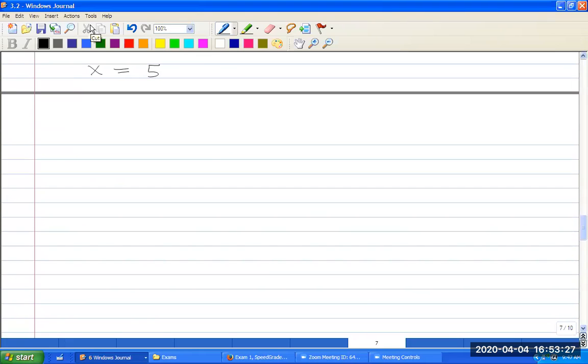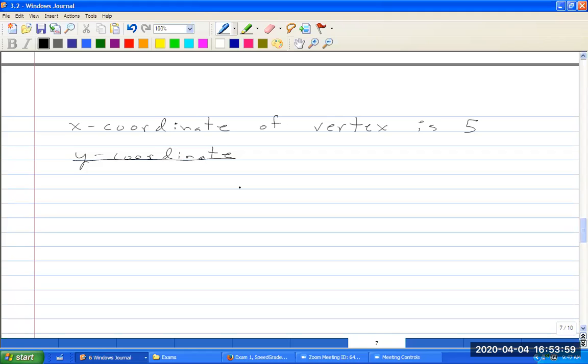So now let's determine my y coordinate. To find the y coordinate for my vertex, I'll just plug in 5 for x into my original equation and solve for y.